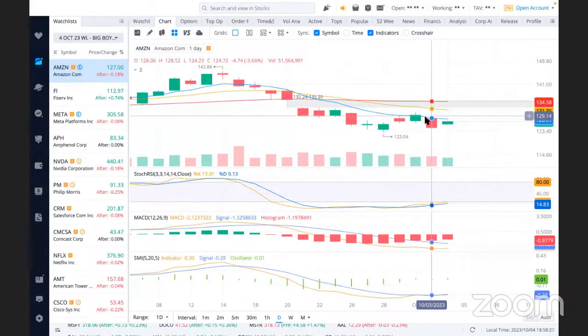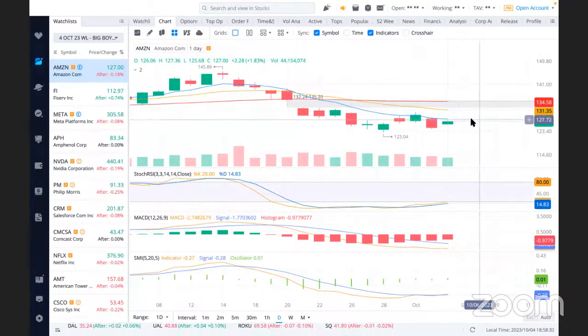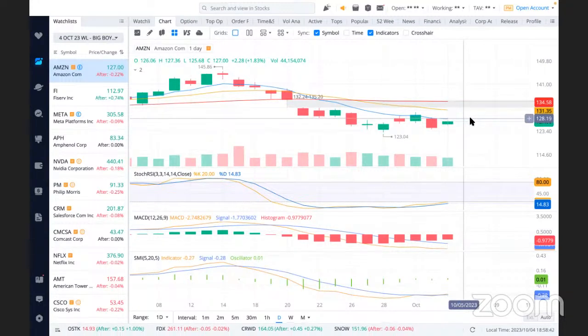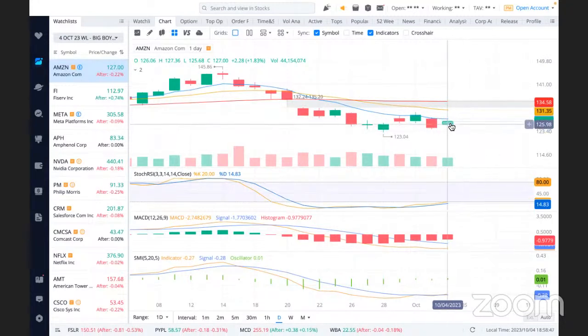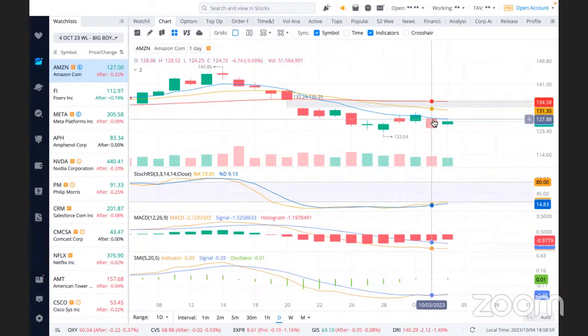This closed green, so this is a bullish close. But the main point is that the daily price action in this candlestick all resided inside of the previous day's price action.